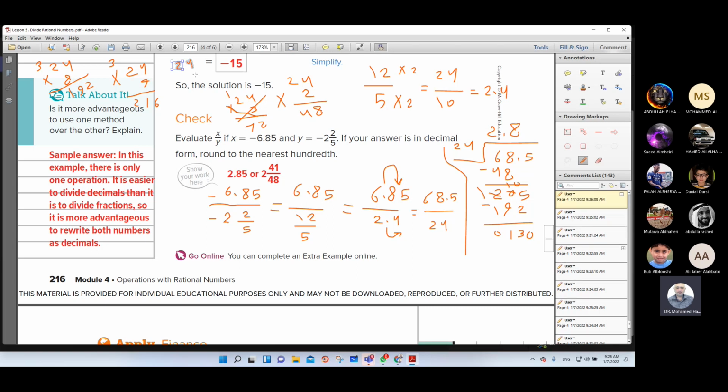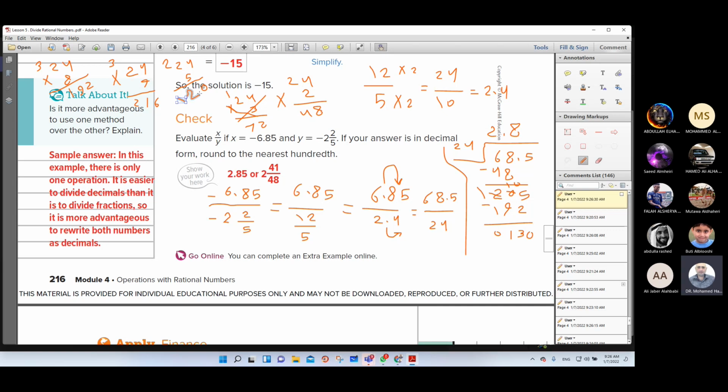If you try 5, for example, 5 times 4 is 20, 5 times 2 is 10 plus 2 is 12. You will get 120. You can write here 5 and here 120. You will get 10. You can continue.